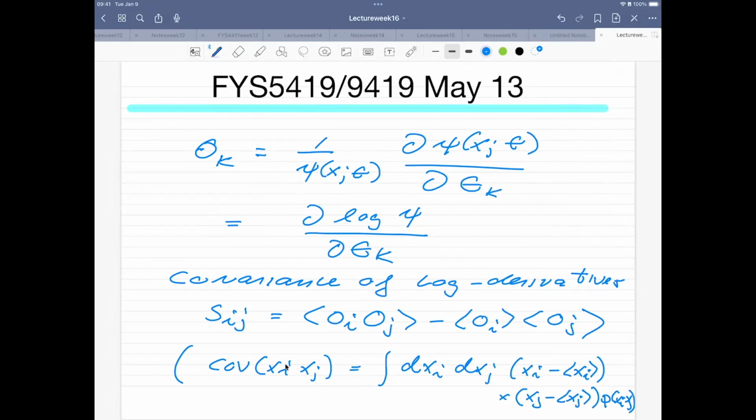This is the formal definition of the covariance. And if these are independent and identically distributed events, then the joint probability reduces into the product of the probabilities of xi and xj. If they are independent and identically distributed, then this mean value is equal to that one. And if that is the case, then the covariance, if i is different from j, is exactly equal to 0.